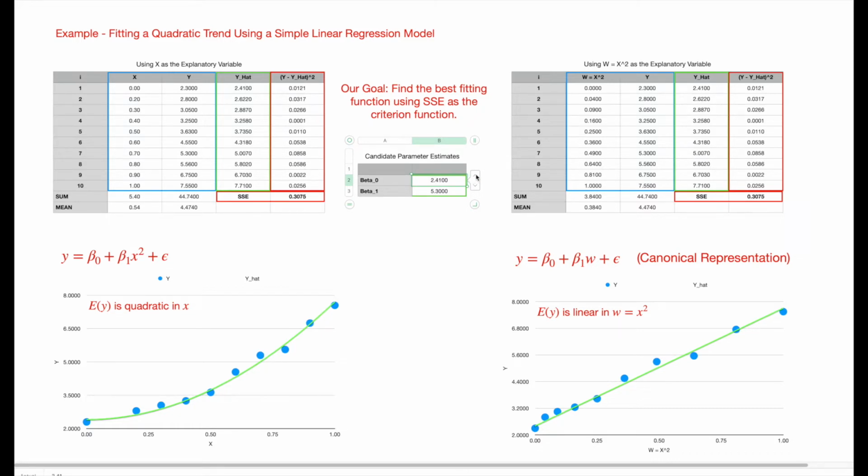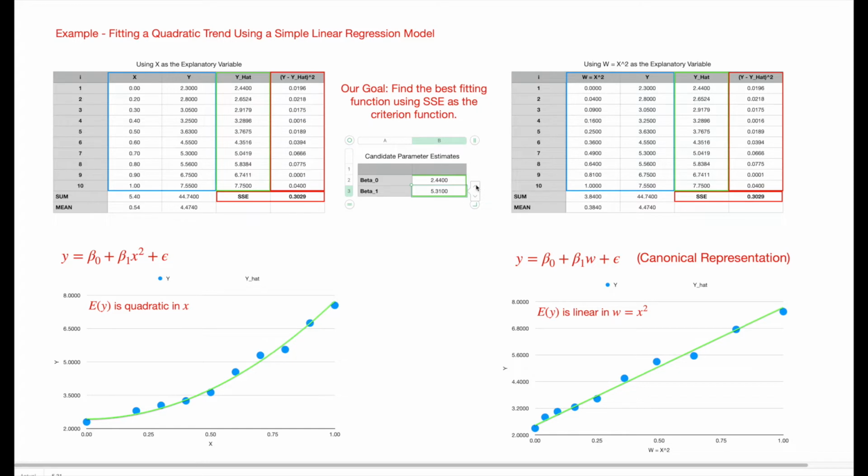Increasing beta 0 to 2.41 from 2.4 decreased the SSE a little bit. Let's see if we can continue to decrease it. It looks like 2.44 was where we need to stop for that.